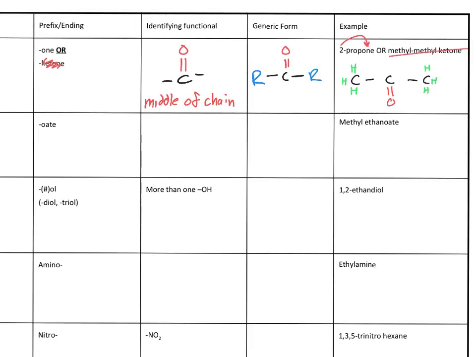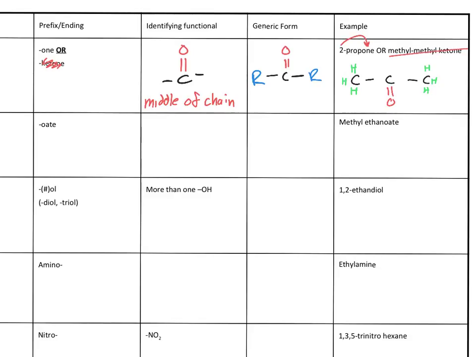Now, quite possibly, the most difficult of the functional groups that you're going to be responsible for understanding is the ester. Okay? The most difficult, and the identifying nomenclature characteristic is that it ends in OATE.